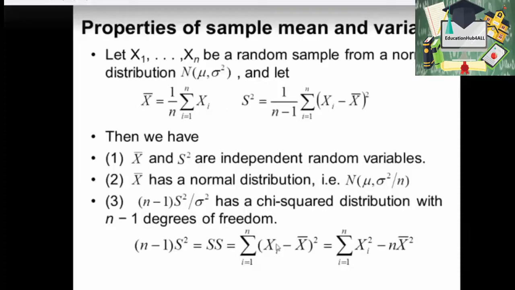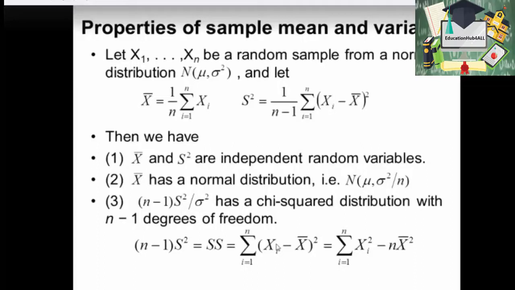The first one tells us these two are independent. By independent, in probability there is a definition: if we talk about the joint distribution, it can be found from the distributions of the two. So remember that.